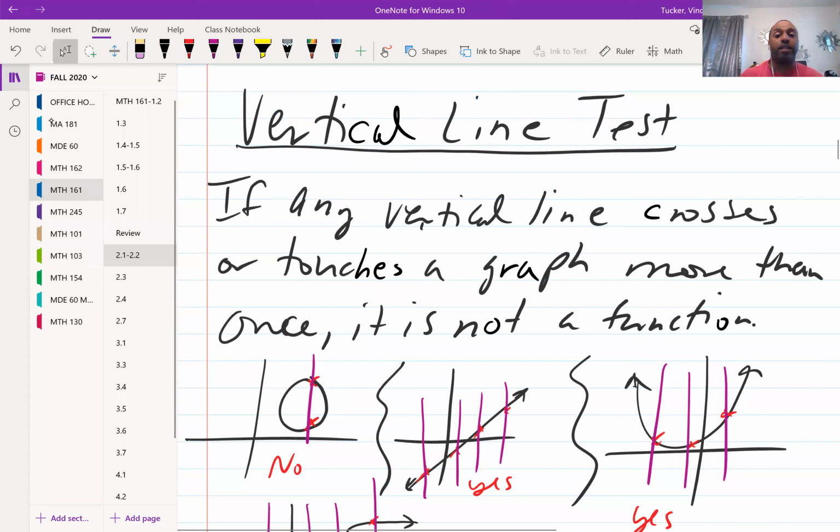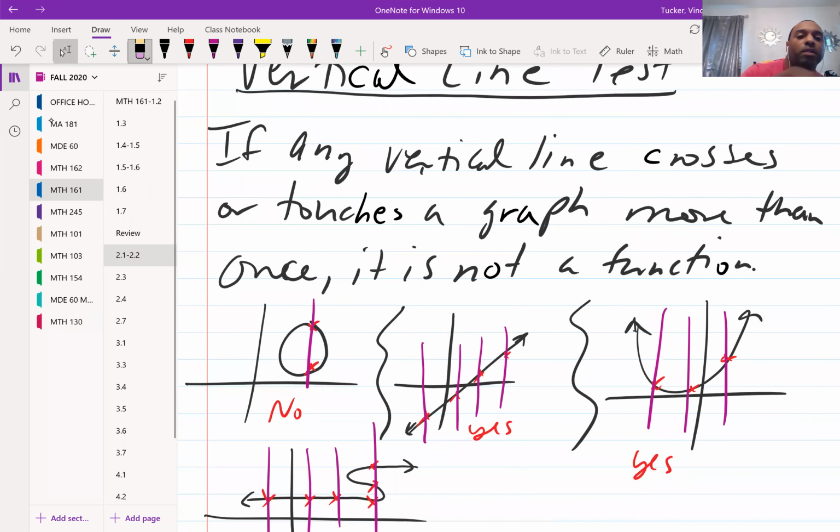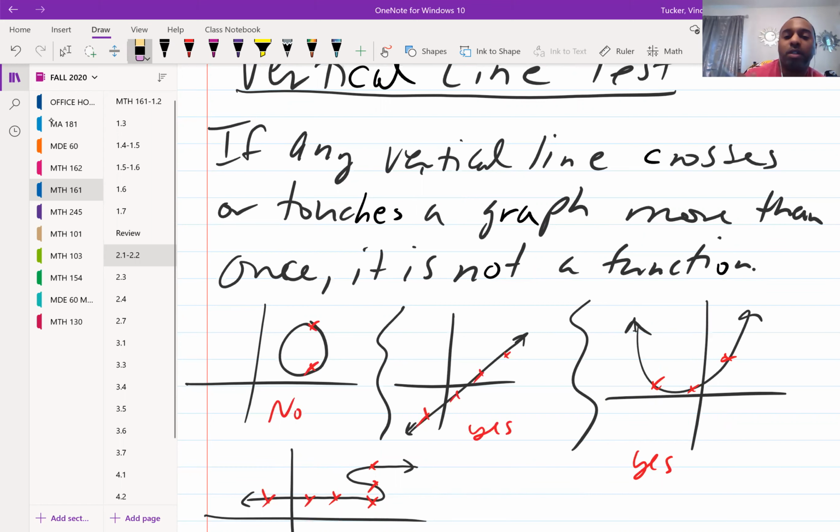It says that if any vertical line crosses or touches your graph more than once, then it's not a function. So it eliminates the need for the algebraic proof, but like I said, you should still be able to show it if asked.